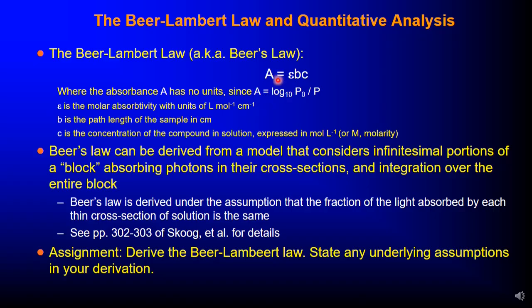And so Beer's law can be derived from a model that considers infinitesimal portions of a block absorbing photons in their cross-section and the integration over the entire block. So what that simply says is, if you look at the path length, you can consider it to have a lot of cross-sections that makes up that particular, we will talk of it as a box.